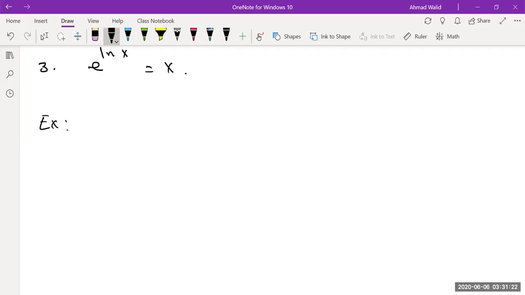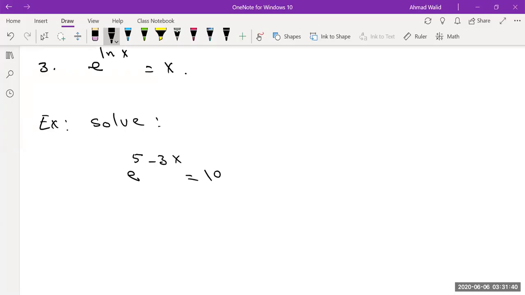Let's do one quick example or two, maybe. Example number 1. Solve e to the power of 5 minus 3x equals 10. This is an exponential equation.